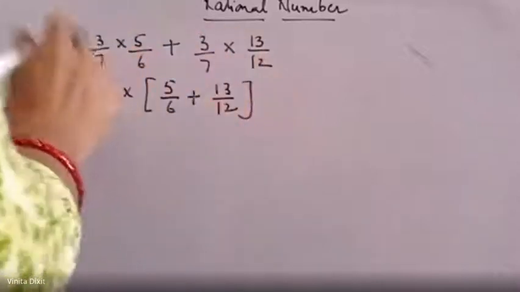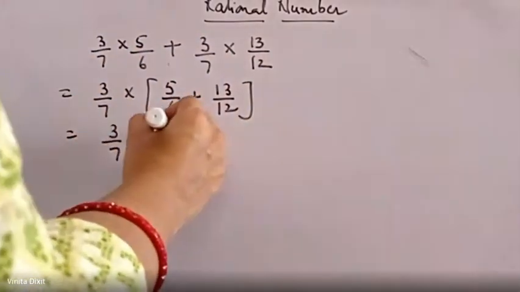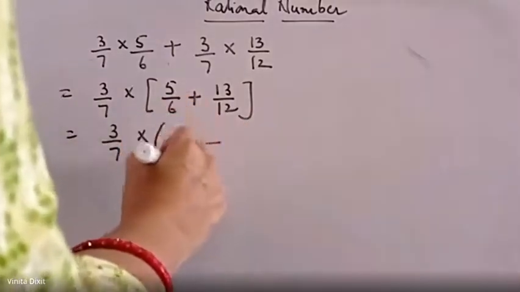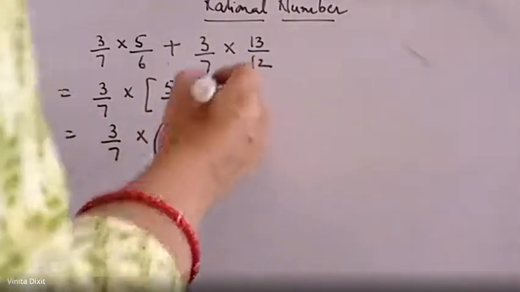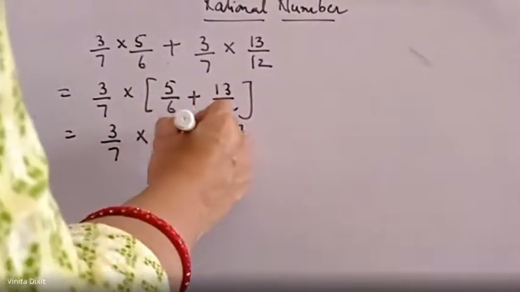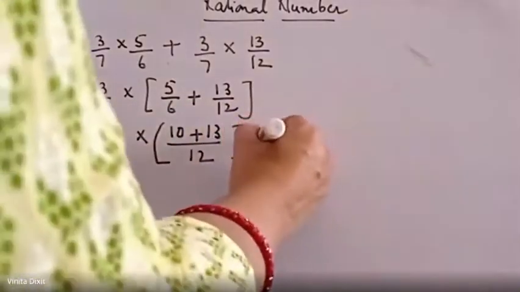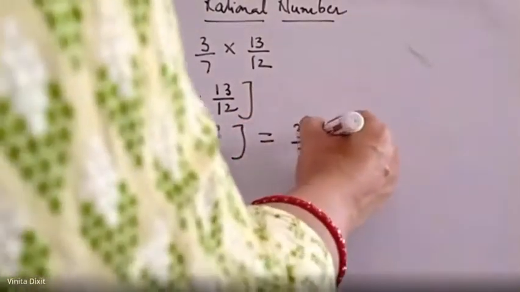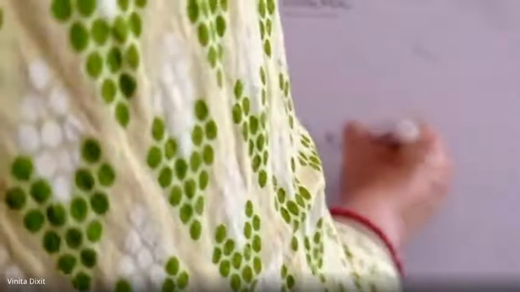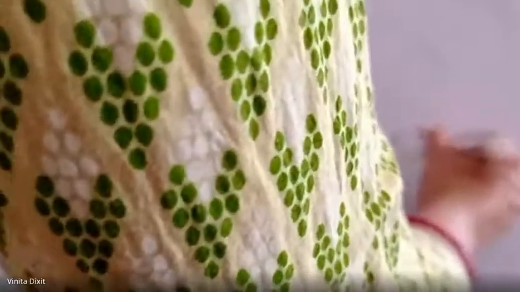3 by 7 is taken out. 3 by 7 into, now 6 and 12, the LCM will be 12. 6 2s are 12, 5 2s are 10, 12 1s are 12, 13 1s are 13. So 3 by 7 into 23 by 12, 3 4s are 12, 23 1s are 23 and 7 4s is 28.